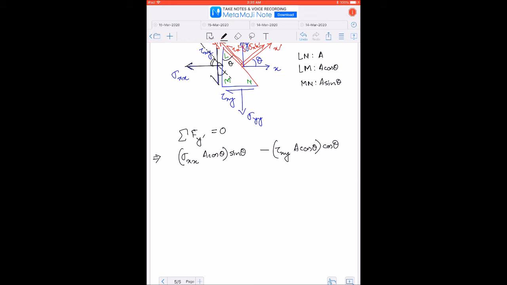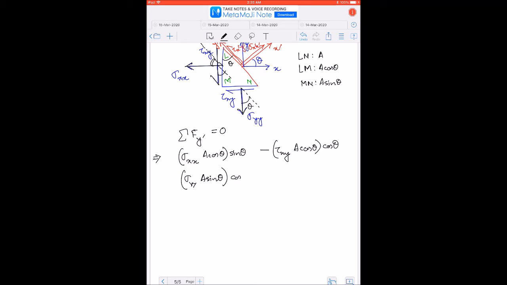Next, we considered the face Mn, and we considered the force associated with the stress component sigma yy. So sigma yy multiplied by a sine theta, which comes from the area of the face Mn, and we have to take the component of this force along this direction, which is the y dash direction, and that angle is theta.